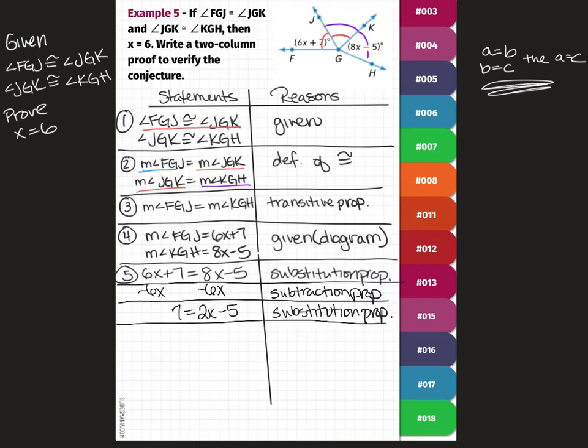I am then going to add 5 to both sides. So that's going to be the addition property. And then I'm going to have that 12 is equal to 2x. That again is going to be the substitution property.